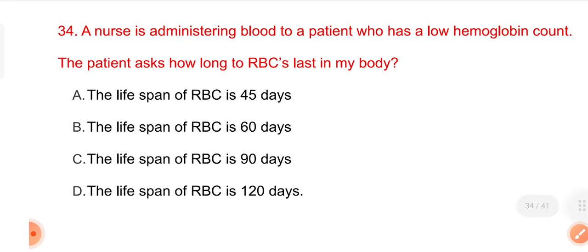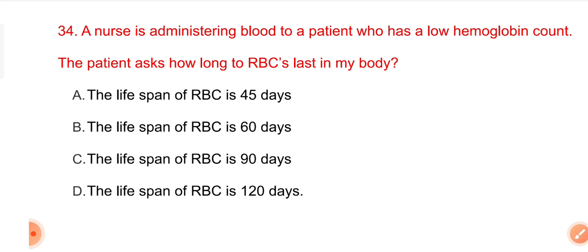The next question is, a nurse is administering blood to a patient who has a low immunoglobulin count. The patient asks, how long do RBCs last in my body? This means, what is the lifespan of RBCs?